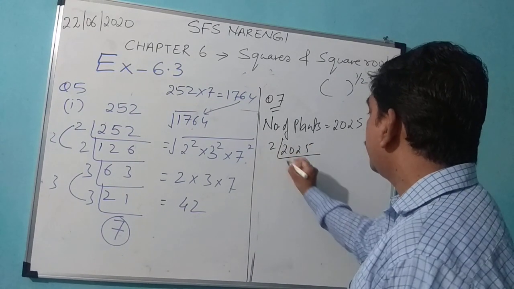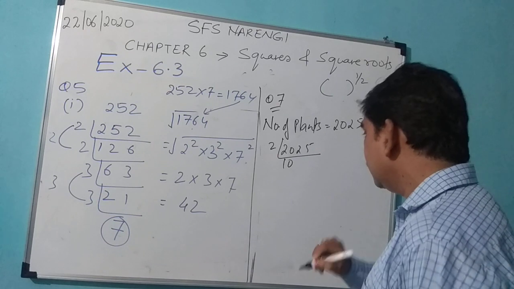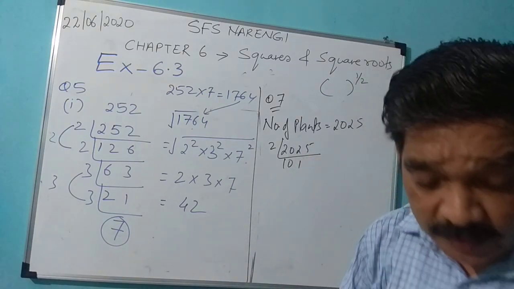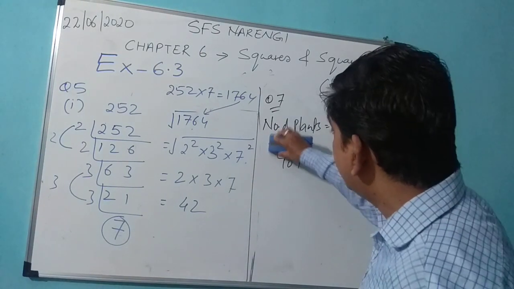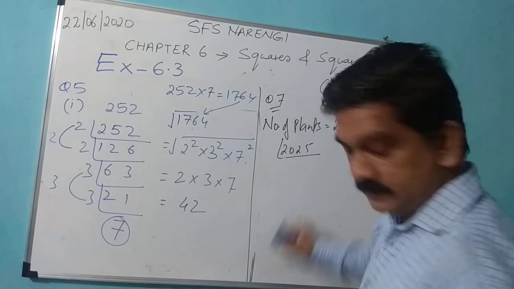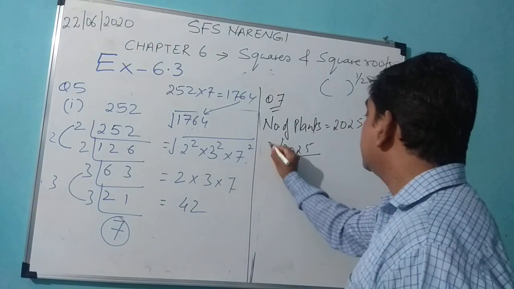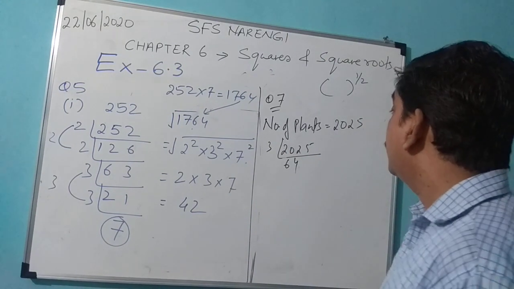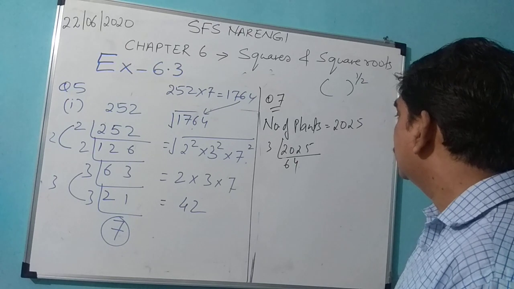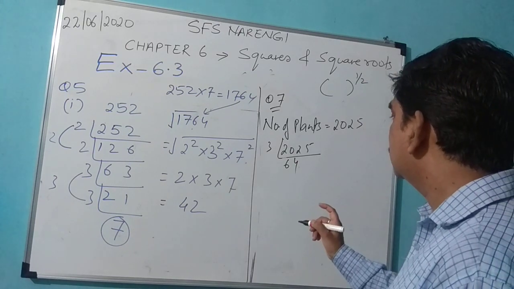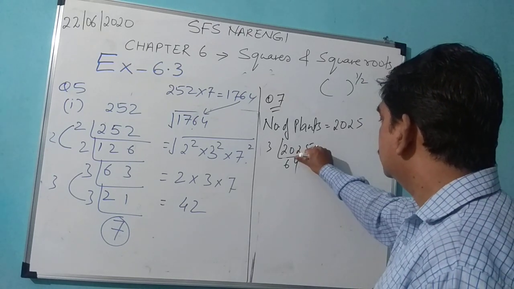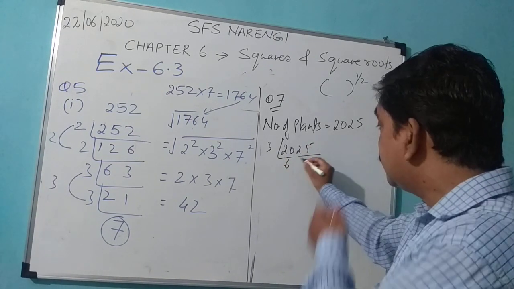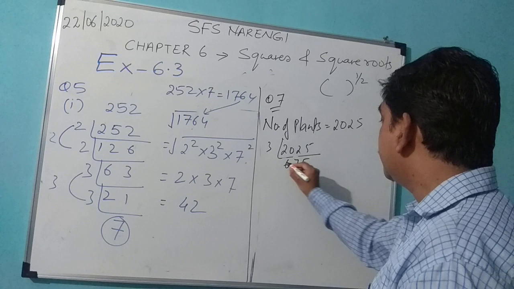2025, you find out the square root. This will not go by 2, so no use of doing it by 2, so I will do by 3. 3 6s are 18, 3 7s are 21, then 3 5s are 15.